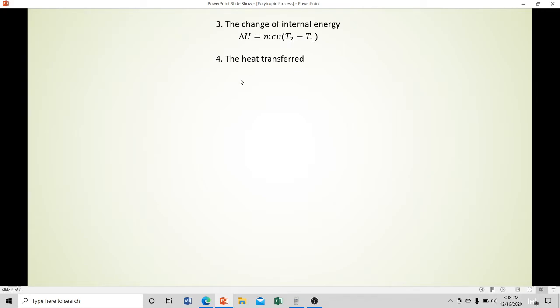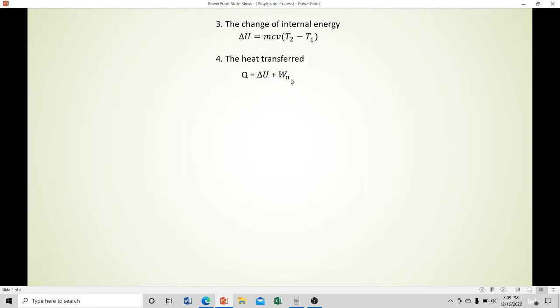So for the heat transfer, by applying the first law of thermodynamics, assume that the kinetic energy and potential energy become zero, and the work steady flow and energy flow become zero.